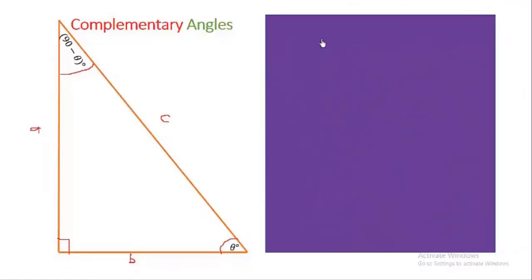Then we know that sine theta will be equal to the ratio of opposite, which is a over c. Then cos theta will be equal to the ratio of adjacent over hypotenuse, which is b over c. Then let's find the same ratios for the complement.